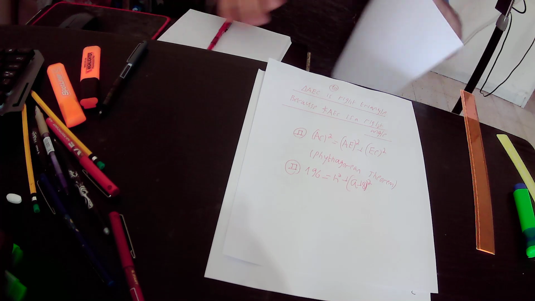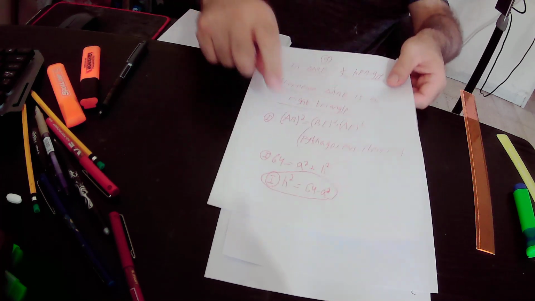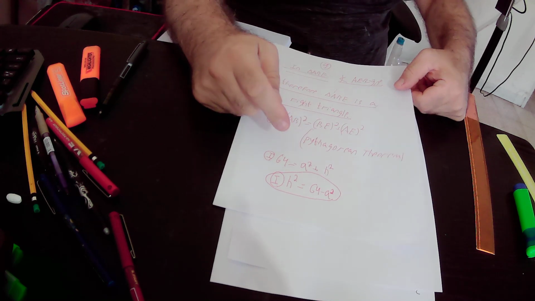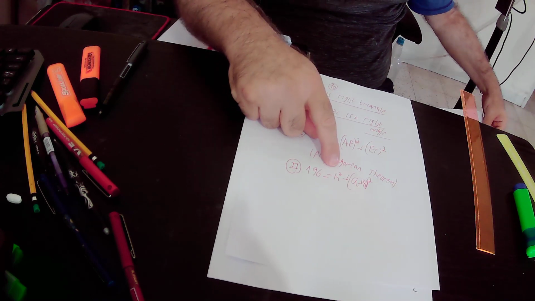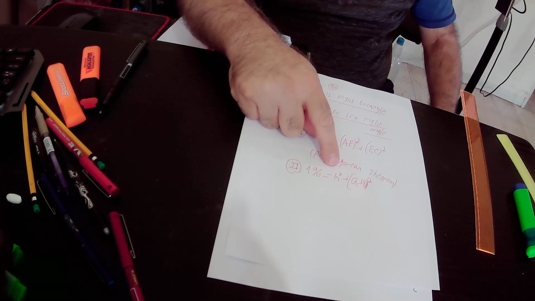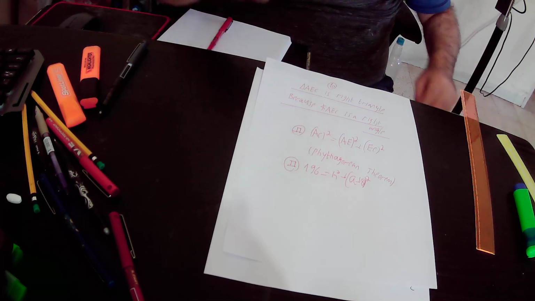But we have already found in equation number 1 that h square equals 64 minus a square. So we can substitute h square by 64 minus a square.